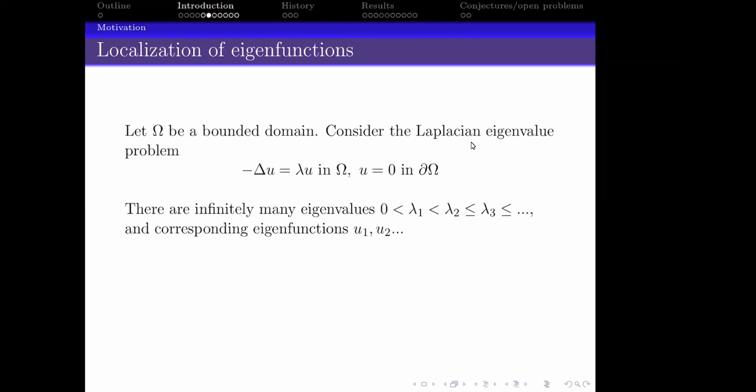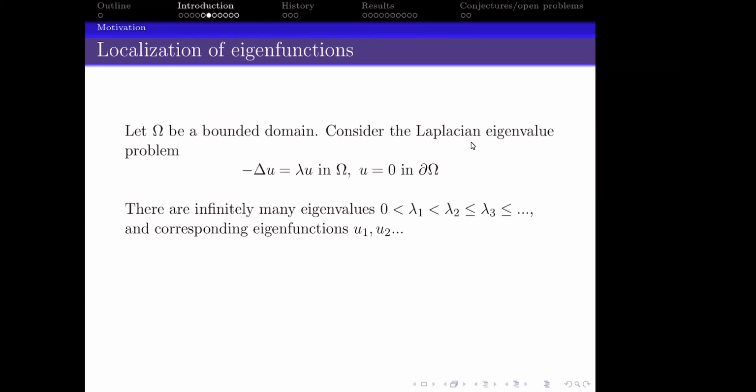Let's look at the Laplacian, a very famous problem. Look at the eigenvalue problem for the Laplacian in a domain: minus Laplacian u is lambda u, and u is 0 on the boundary. It's a well-known fact that there are infinitely many eigenvalues: lambda 1 positive and simple, then lambda 2, lambda 3, and so on, with corresponding eigenfunctions u1, u2.